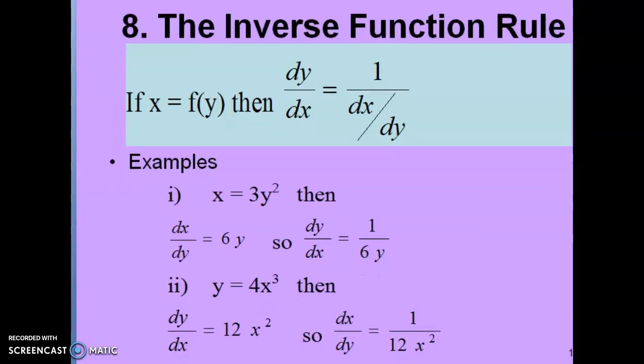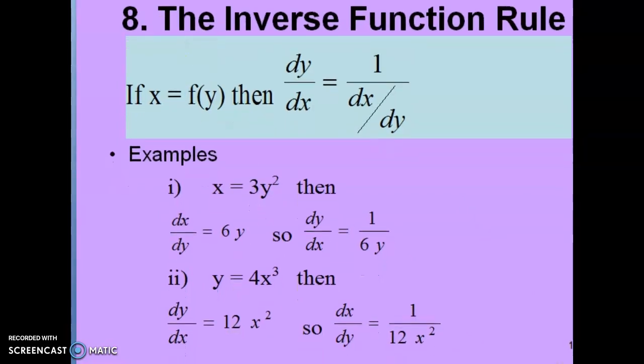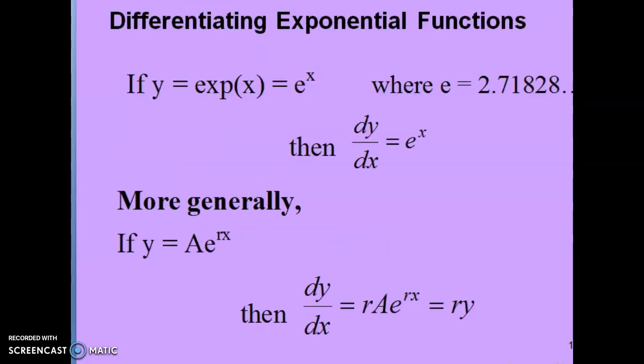What do we have here? Here we have y is equal to 4x cubed. dy dx, then dx dy is okay. So it's quite straightforward. All right, let us look for another rule, which is the exponential.